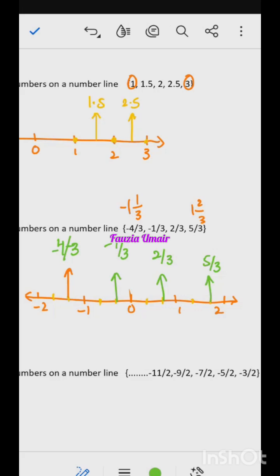I don't know what is the need of that. For this question, we only need a number line from minus 2 to 2. Why? Because the numbers given to me in the set are between minus 2 and 2. So there is no number bigger than 2 or smaller than minus 2. So I hope this point is clear.